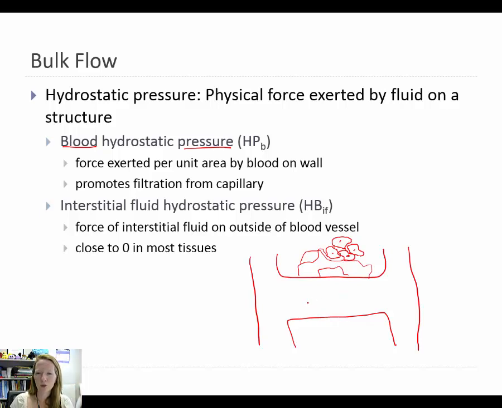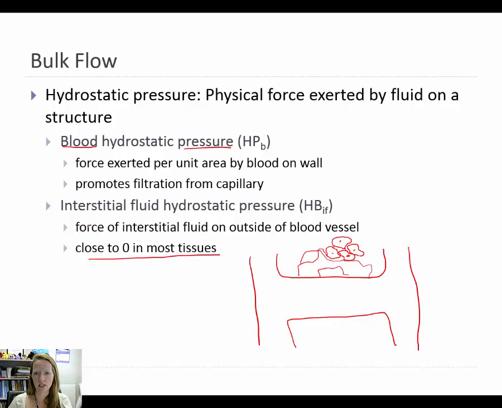Back to what I was trying to describe. This in between the cells, remember, is interstitial fluid. Interstitial fluid is going to be the fluid that bathes the different cells. And if you think about it, the hydrostatic pressure is going to be zero in most tissues, because the thing that causes blood pressure is really the pumping of the heart, right?